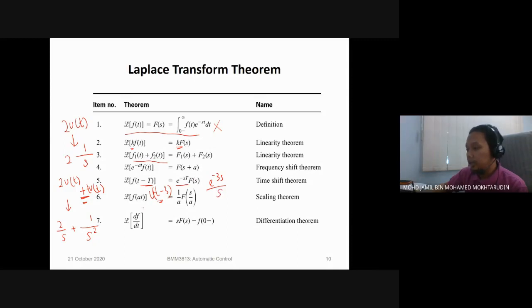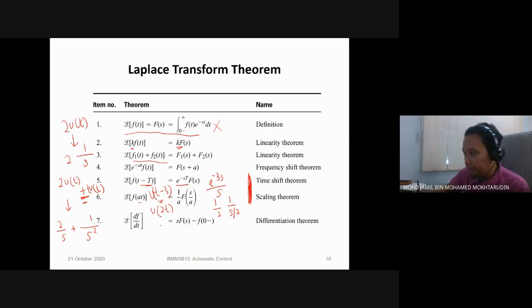Then the scaling theorem: if the time is scaled, let's say u of 2t, in the frequency domain it becomes 1 over 2 times 1 over s over 2. But these two usually will not be asked in the exam.